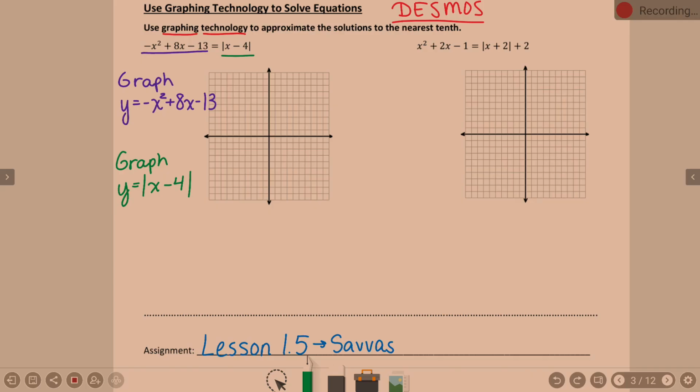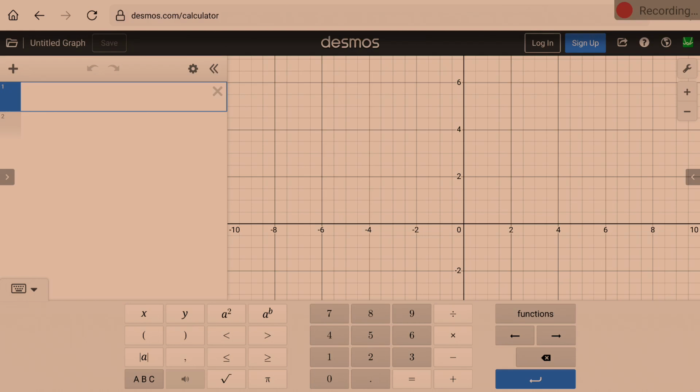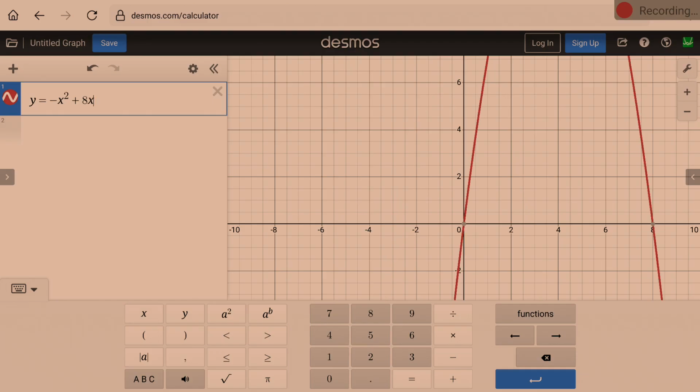So I'm going to attempt to hop over to Desmos. I think I'm a little more prepared this period. And I'm going to do just that. So y equals, they want negative x squared, which negative in this case you just get to use a minus. X squared is from the a, plus 8x minus 13. Should have an upside down parabola on the first one, yes?